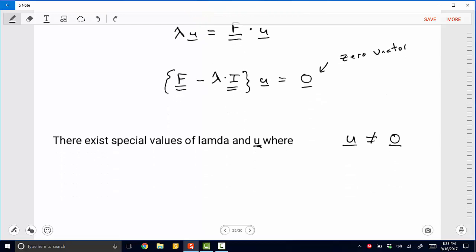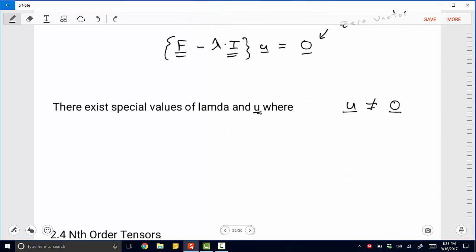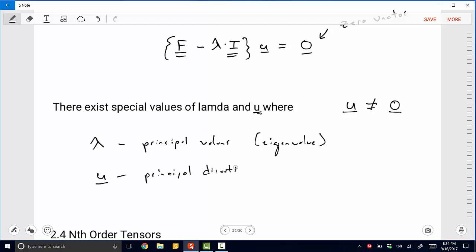And these special values of lambda and vectors u are principal values called the eigenvalues mathematically, and are principal directions called our eigenvectors.